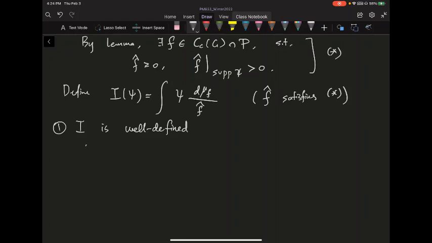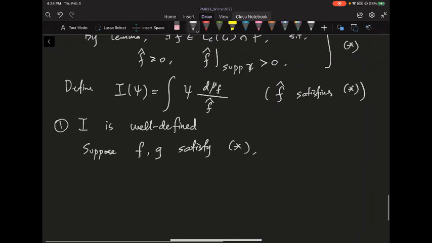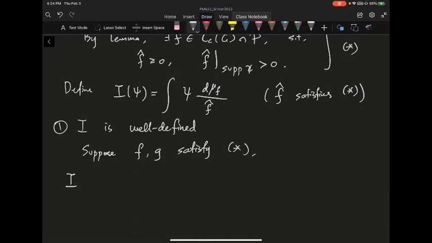Suppose we have two functions, f and g. They both satisfy this condition star. Then if you do the integral of I using the first one, let's say using f, integrate psi d mu_f divided by f hat.